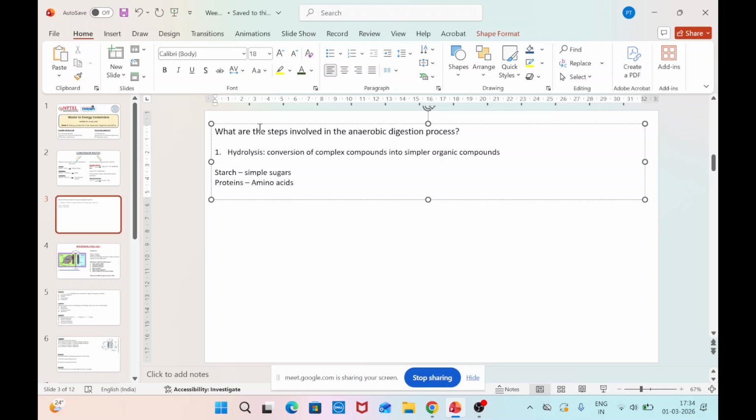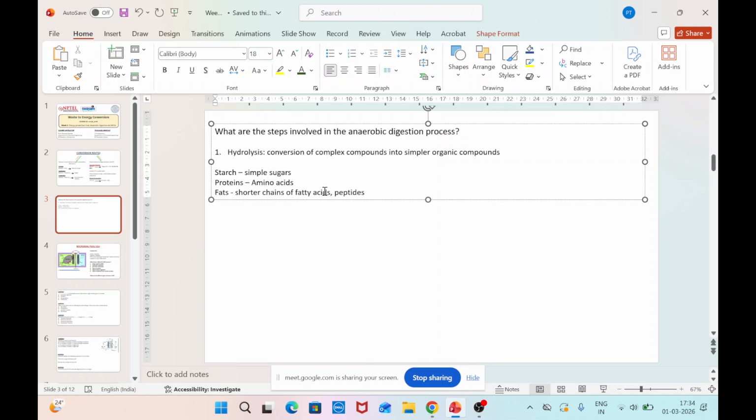Their basic entity is amino acids. And if you go for fats, then you will have shorter chains of fatty acids, or you can also call them peptides.